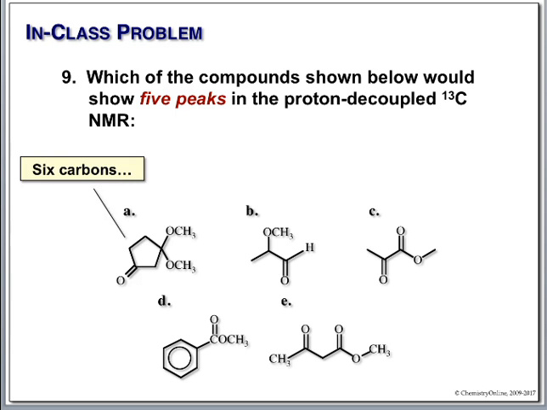The most highly shifted, of course, is going to be the carbonyl here. It's a ketone, so you probably look for it at about 207. Remember, ketones and aldehydes shifted way up there. But 6 carbons, and we're looking for 5.